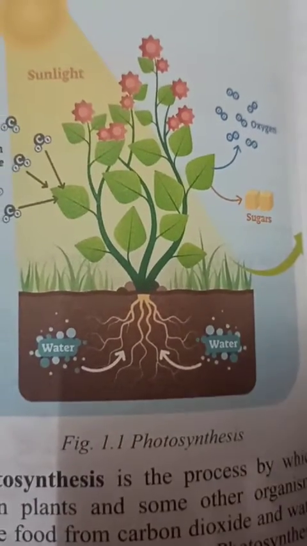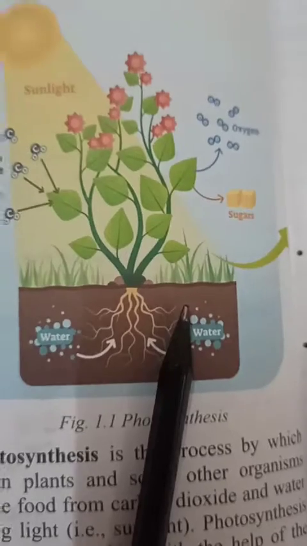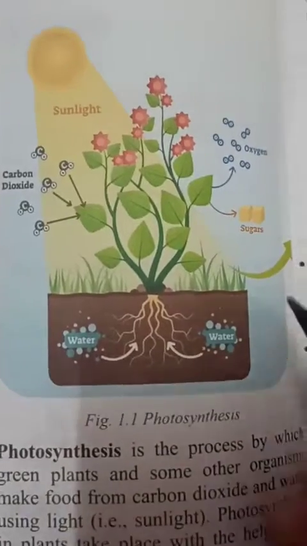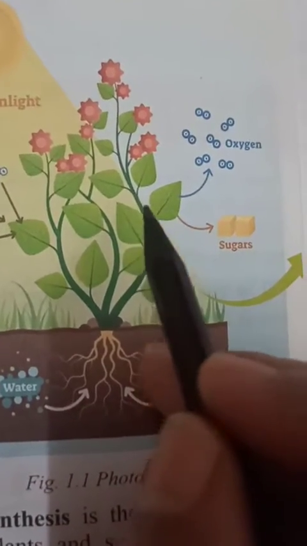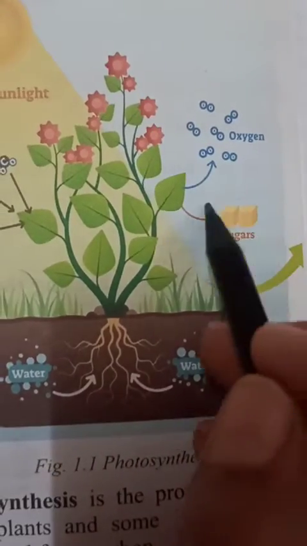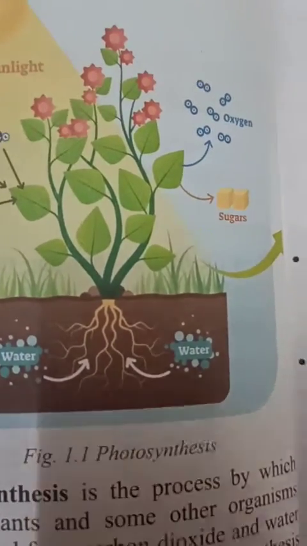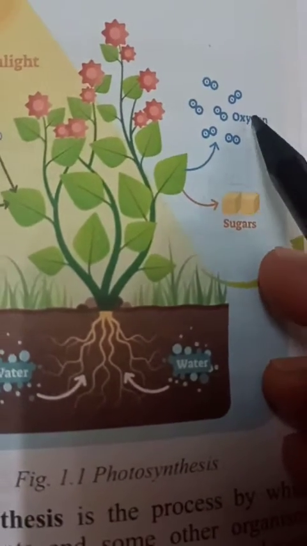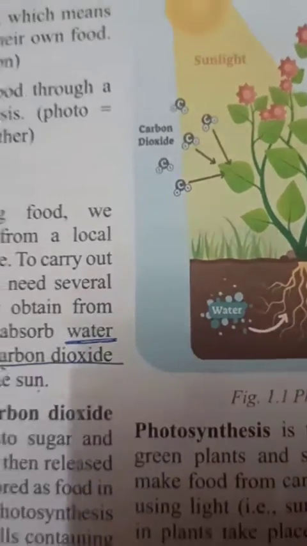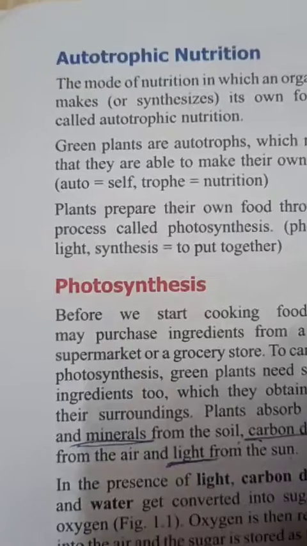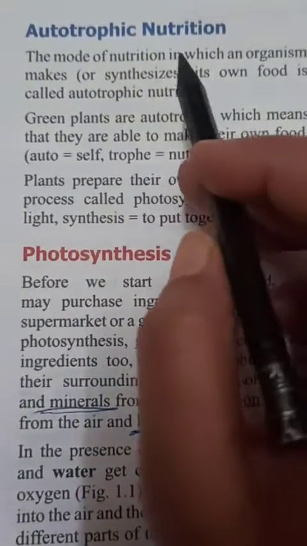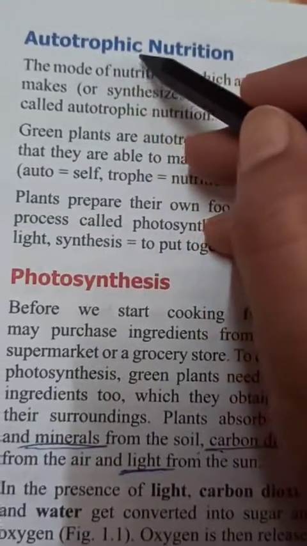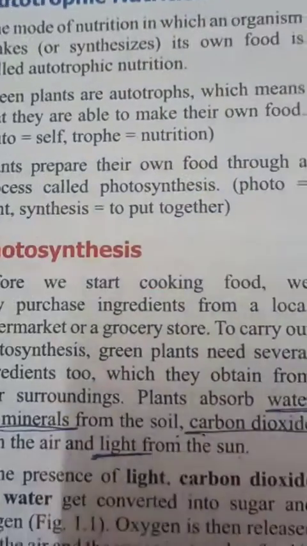This process is photosynthesis. During this process, food is prepared in the form of sugars, and oxygen, which is a life supporting gas, is released. Photosynthesis takes place in green plants. That's why we call all green plants autotrophs, or they show autotrophic nutrition.